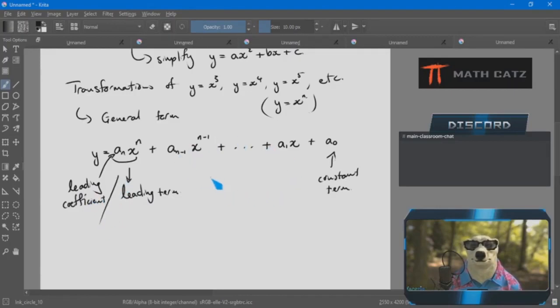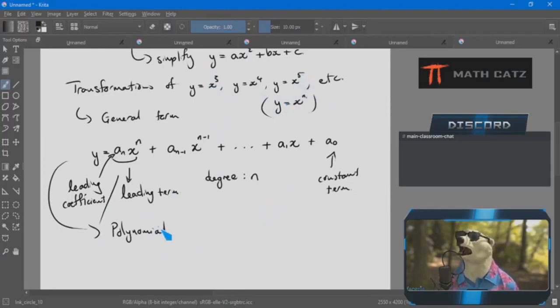Oh, the degree, the highest power is called the degree. And this is called a polynomial. But they're built on these basic functions, right? Transformations made more complicated, and we can get our polynomial.